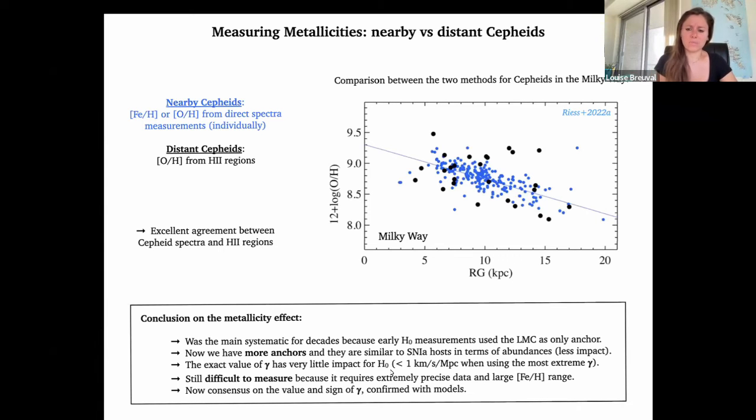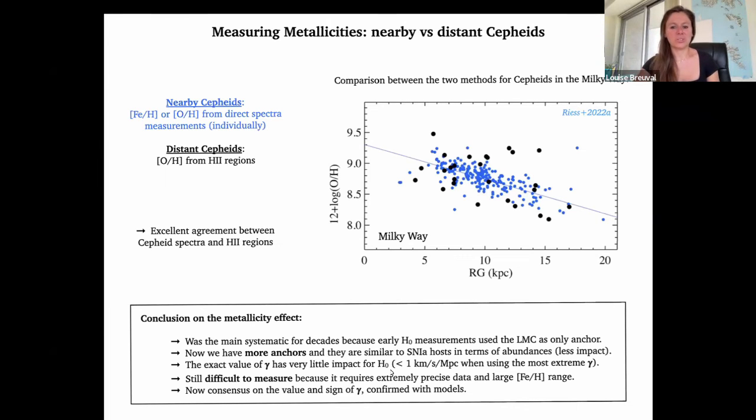It's still difficult to measure this quantity, the gamma term, because you need really good data and metallicities, and a large metallicity range is preferred. But now there's a good consensus on the value and on the sign, and it's been also confirmed by models and predictions. So it's pretty well understood now. All right, so that's all I had to say about the metallicity effect.